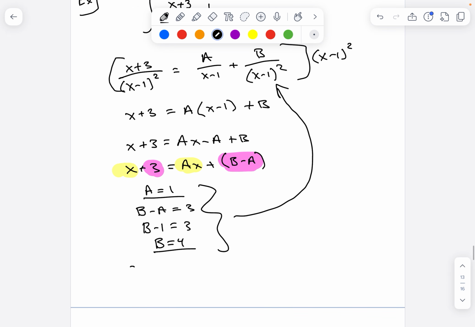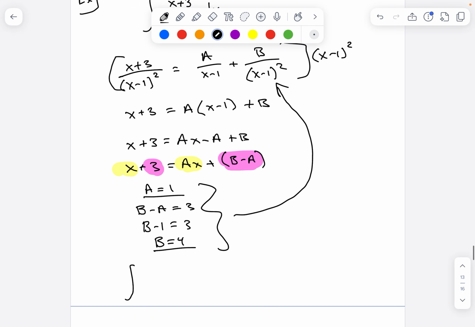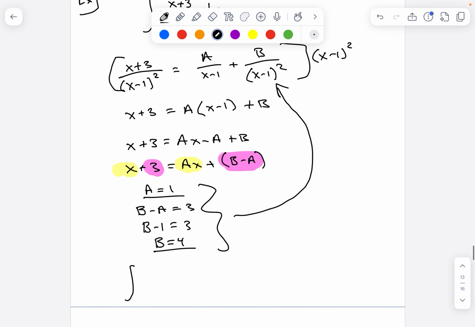So we get the integral of 1 over x minus 1 plus 4 over x minus 1 squared dx.